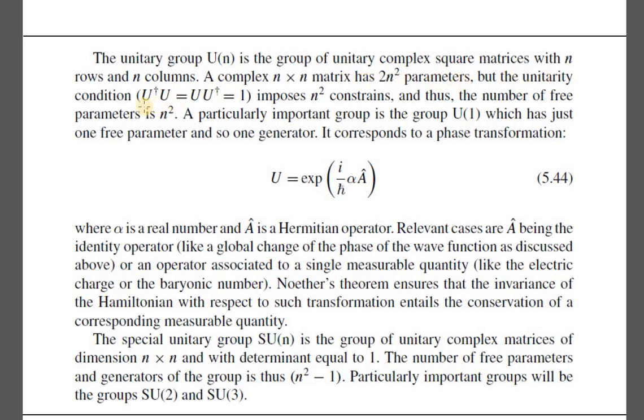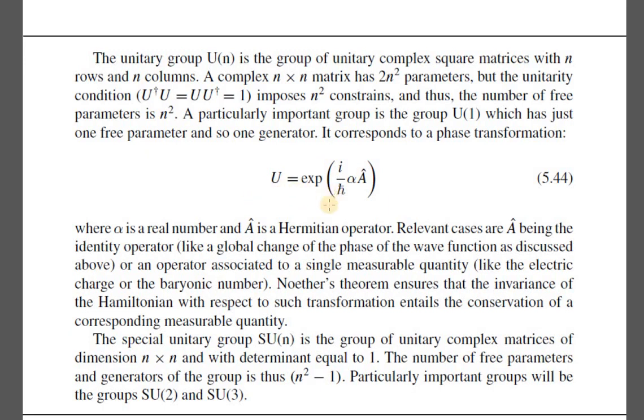But the unitary condition imposes n square constraints, and thus the total number of free parameters is n square only. A particularly important group is the group U1, which has just one free parameter and so one generator. This corresponds to a phase transformation.